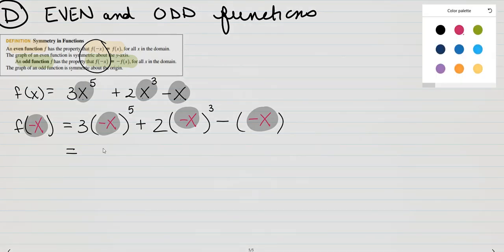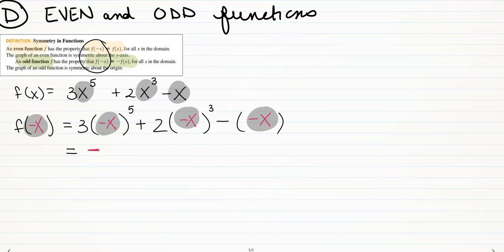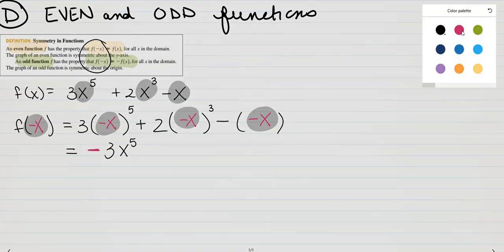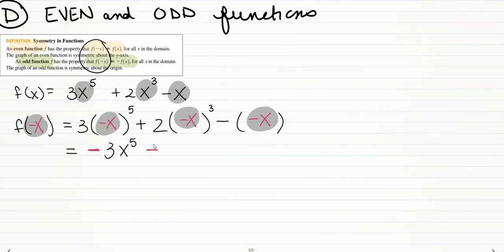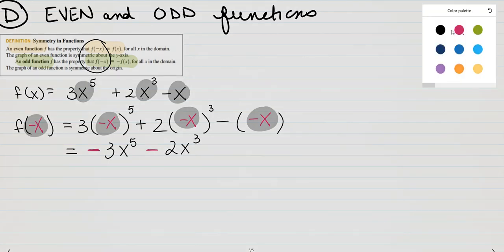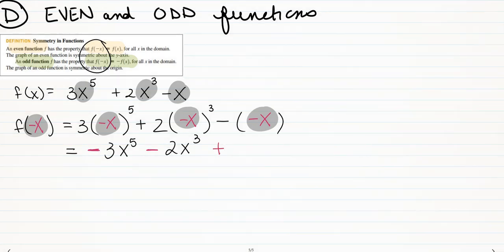Well, the opposite of x to the fifth power is still going to be negative. So this would be negative 3x to the fifth. The opposite of x cubed, that's still going to be negative. So minus 2x cubed, minus the opposite, which will be positive x.